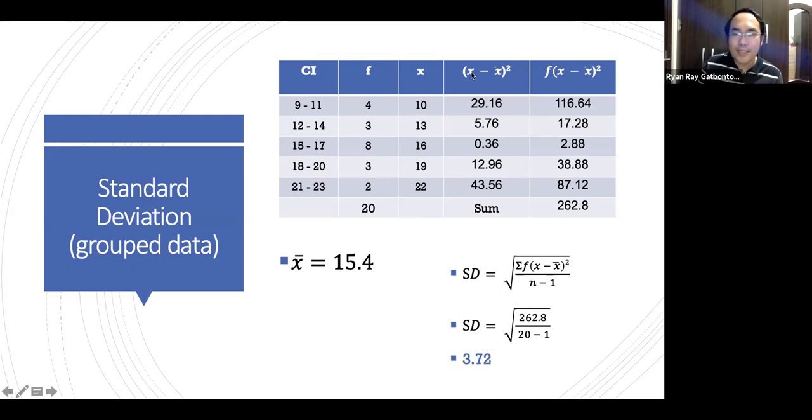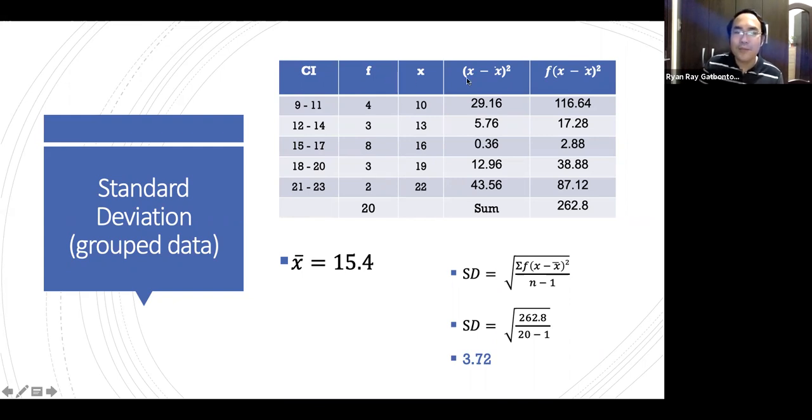The first is the difference between the midpoint and the mean, squared. And next will be the square of the difference between the midpoint and the mean, times the frequency.